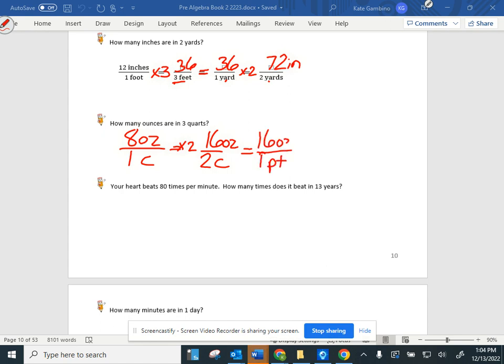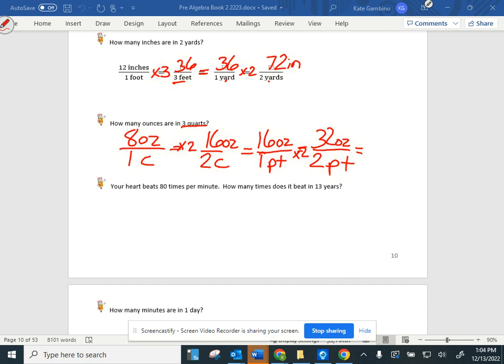Still 16 ounces because 2 cups equals 1 pint. Now what am I going to change my 1 pint into? 2 pints. To get to that, I had to multiply by 2. 16 times 2 is 32 ounces.